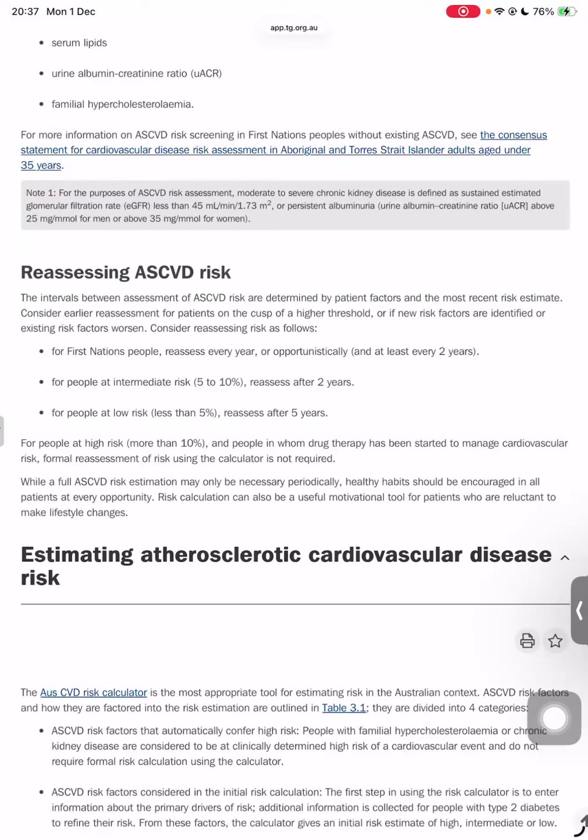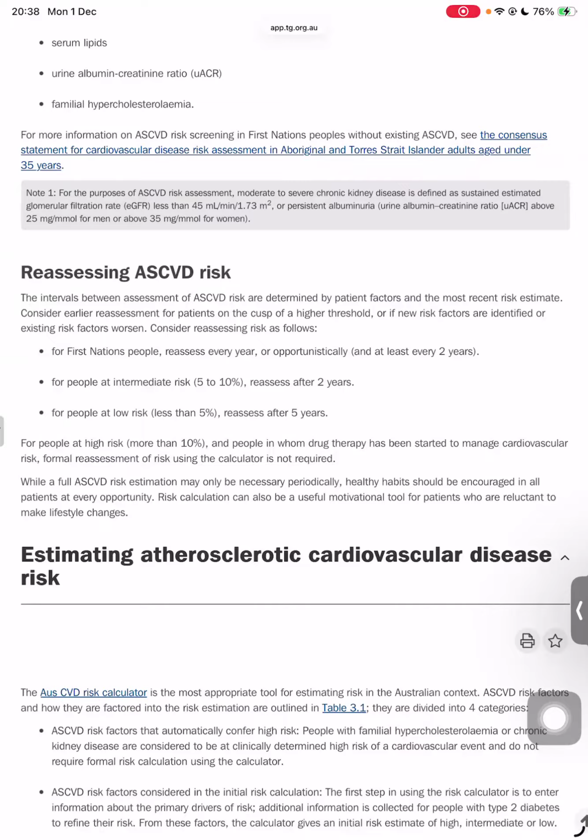So these patients are already in treatment, and we do not repeat the cardiovascular risk assessment again and again. Remember this point.